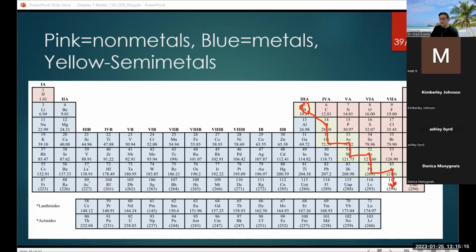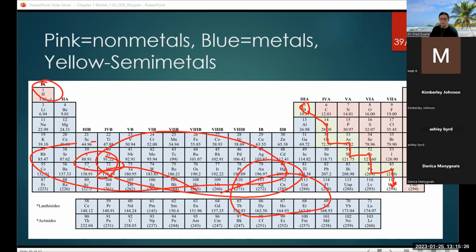That means here, once you identify the stair step, everybody to the left in blue are the metals, except hydrogen. Hydrogen is put in that first column for a specific reason. Okay, so remember that. It's not a metal. It is a non-metal. So what does that tell you here?